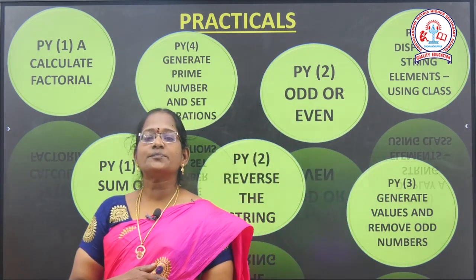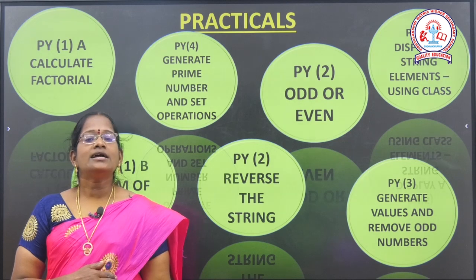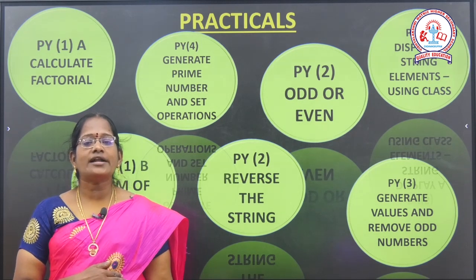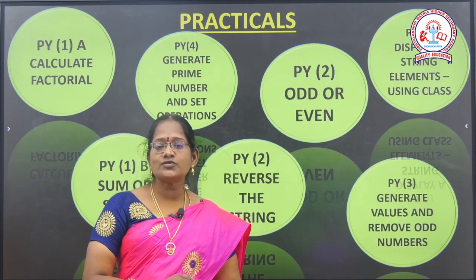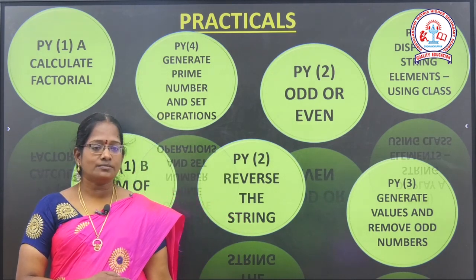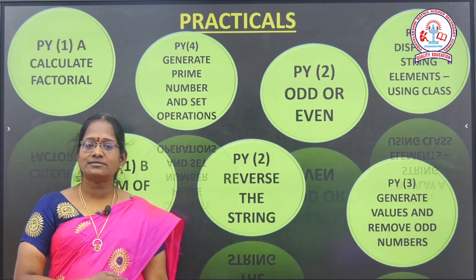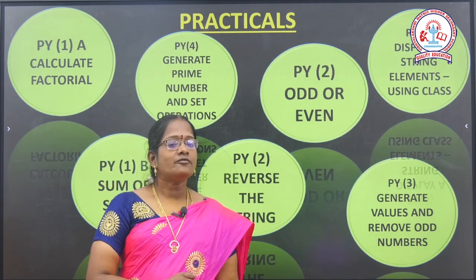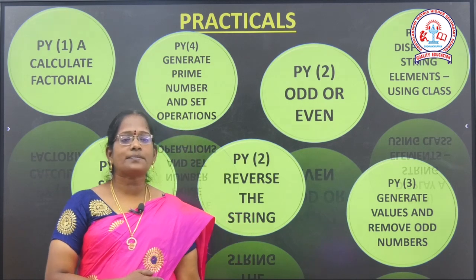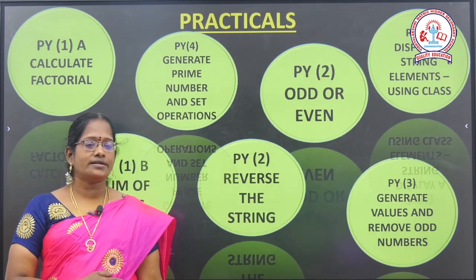Another one, Python programming 3: generate values and remove odd numbers. Python programming 4: generate prime numbers and set operators.